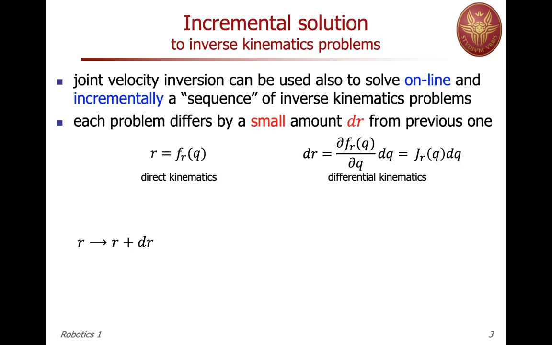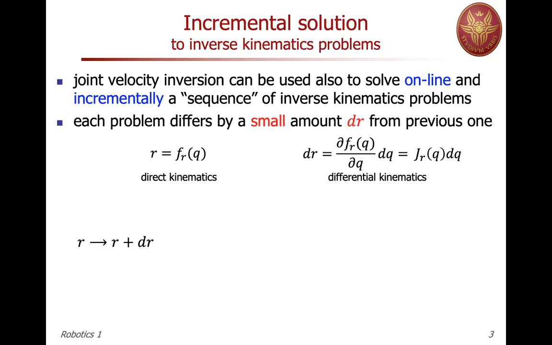Now pay attention, the differential kinematics is written in a slightly different form, so you don't see velocity just because I eliminated the division by dt. If you divide by dt, you have r dot on the left-hand side and J_r(q) q dot on the right-hand side. But let's work with small increments, infinitesimal, or at least small enough.